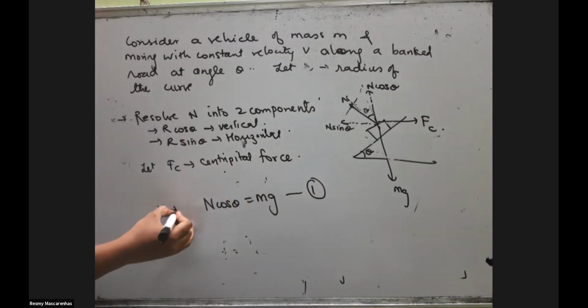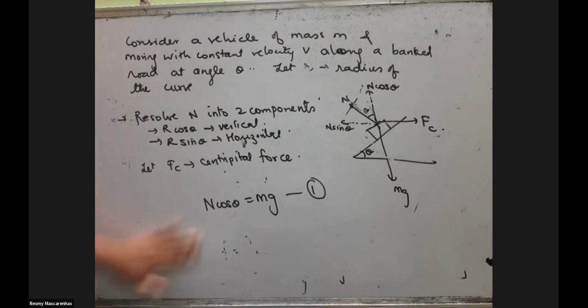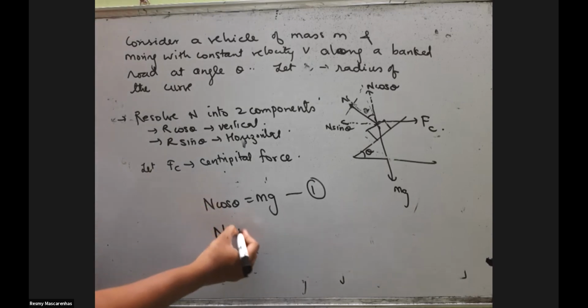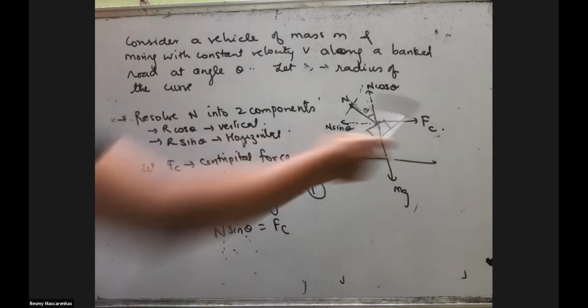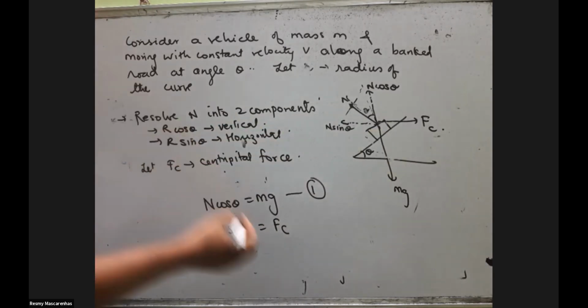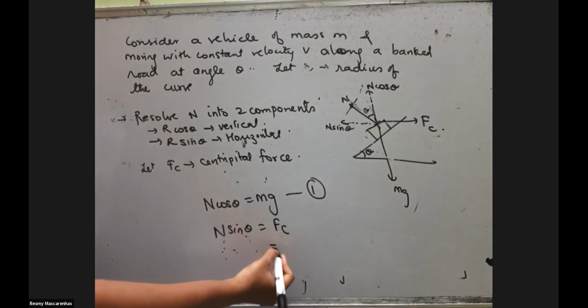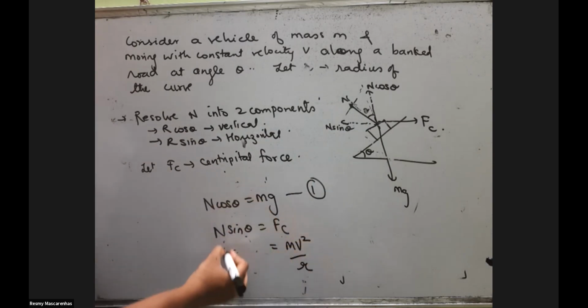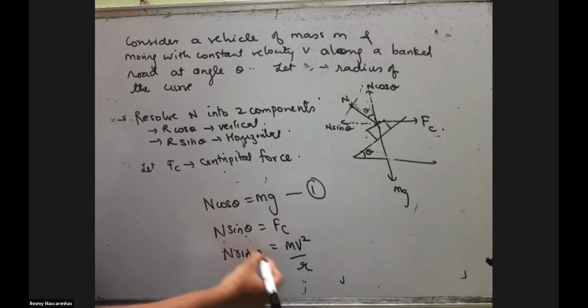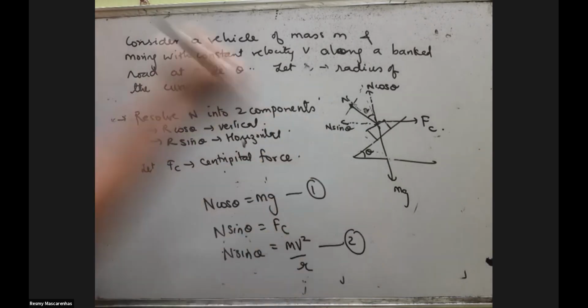That is comparing the vertical forces. And comparing the horizontal forces, what we will get? N sin theta will be equal to Fc. So what is Fc? Nothing but your centripetal force. That formula is mv square upon r. Put it as equation 2.